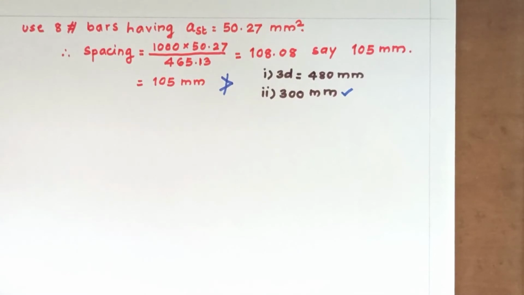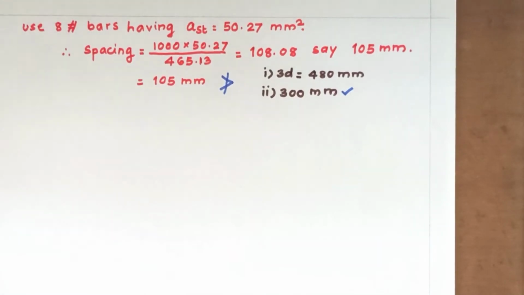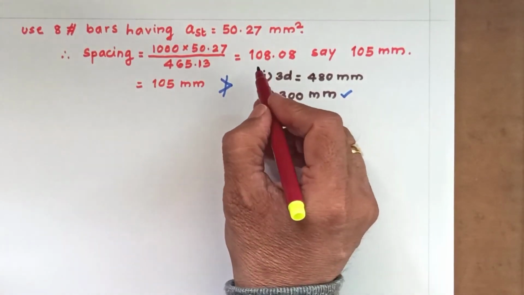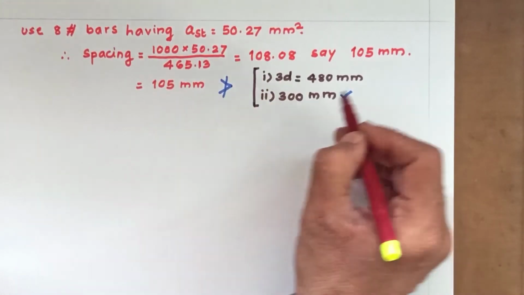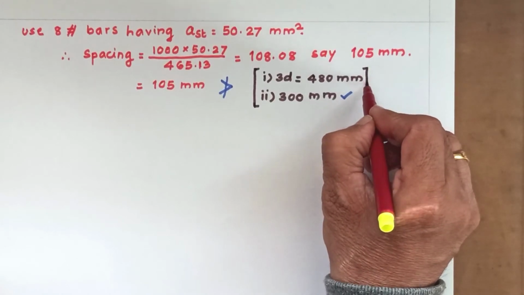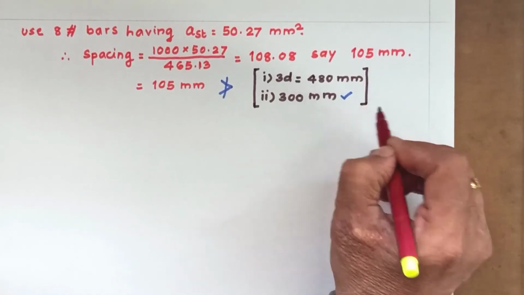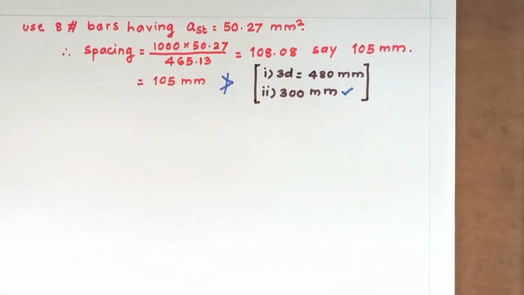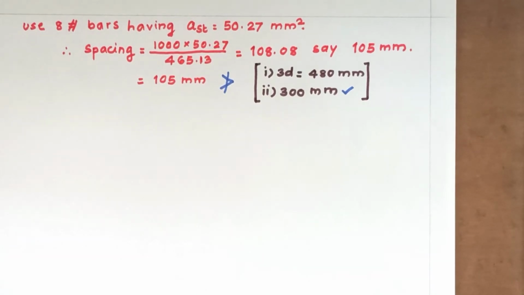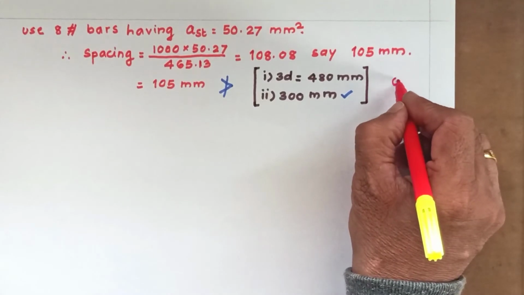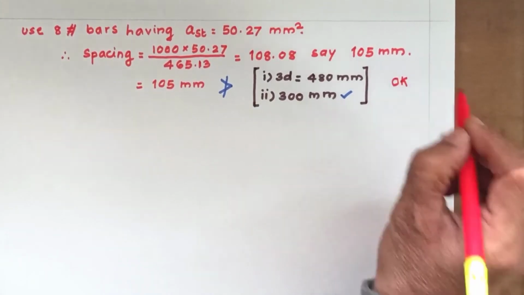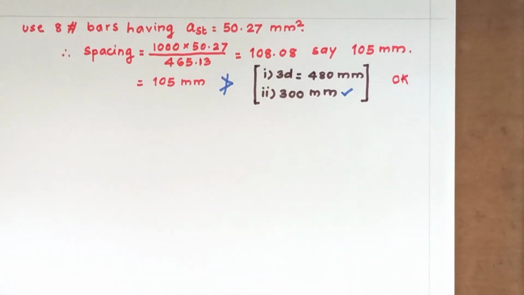So this is okay. This is the check for maximum spacing. It is the same as we have done for main steel in one way. So spacing is also checked.